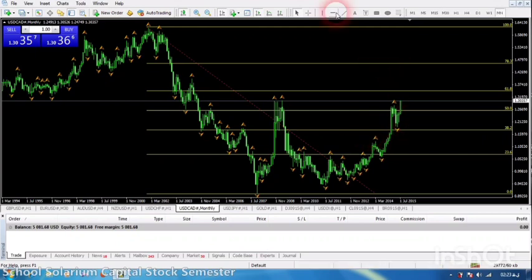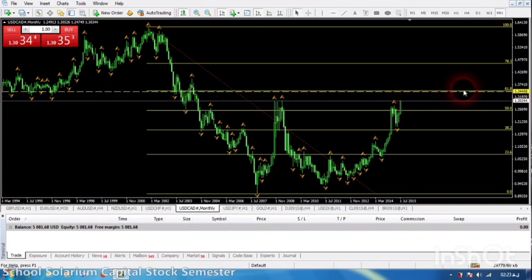And let's talk about sell stop and sell limit. For example, right now, the price is having fluctuations in here.